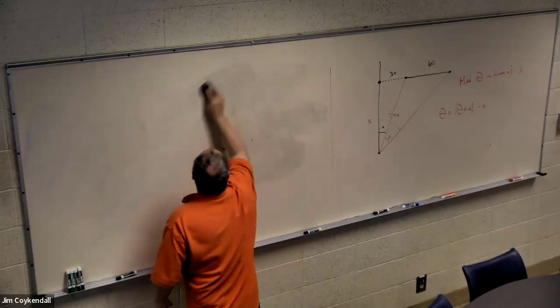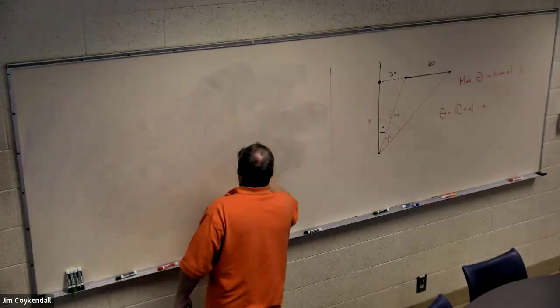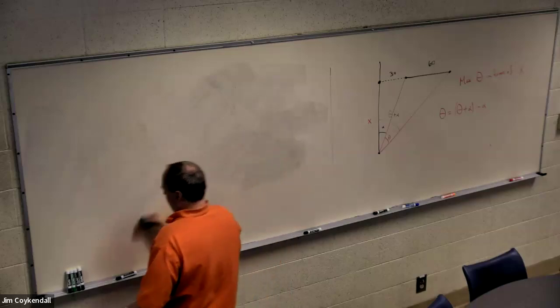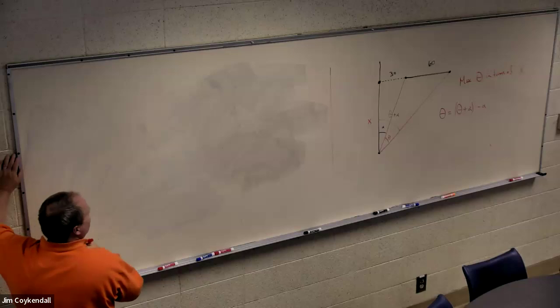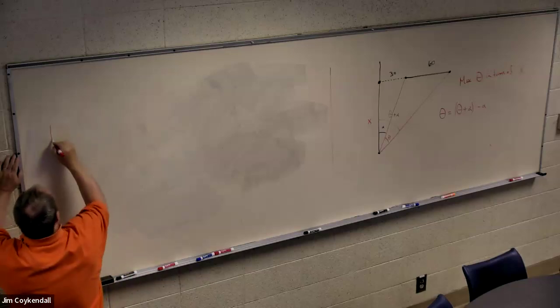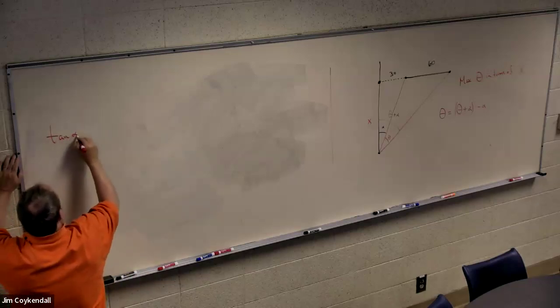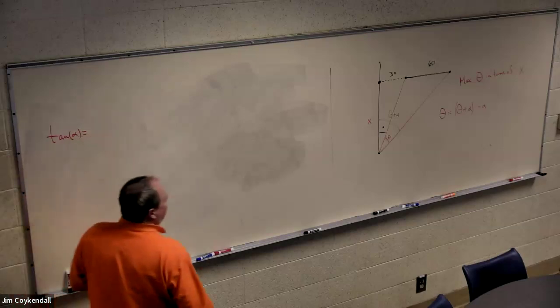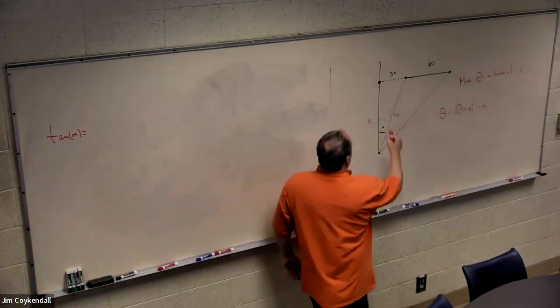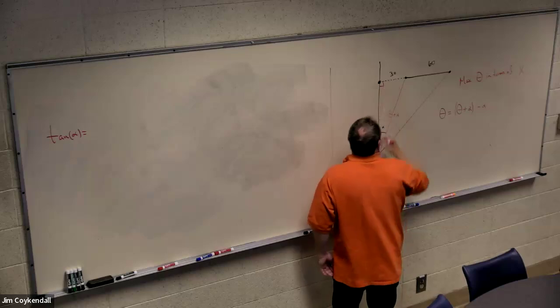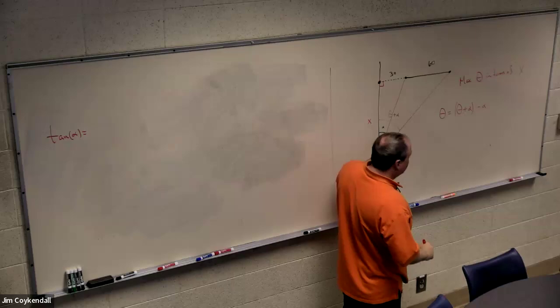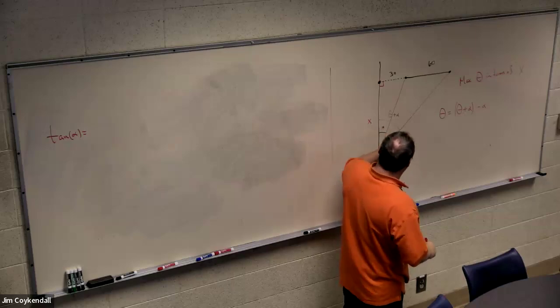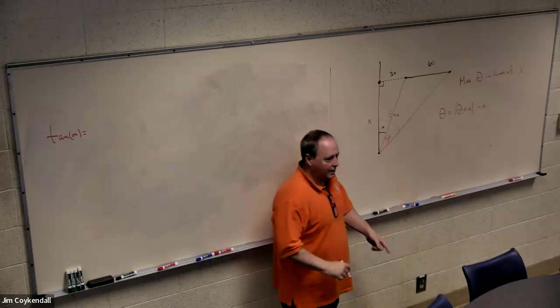So let me show you how to pull out what you need here. Okay, think about trigonometry. Remember, this is a right triangle. What is the tangent of that angle, alpha?